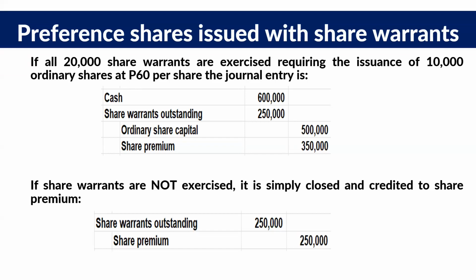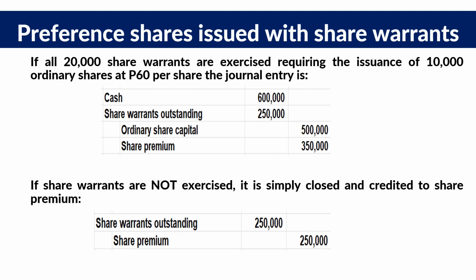So what if all 20,000 share warrants are exercised? The corporation will issue 10,000 ordinary shares, and based on the previous problem, the ordinary share is 60 per share when the preference shareholders exercise their share warrants.